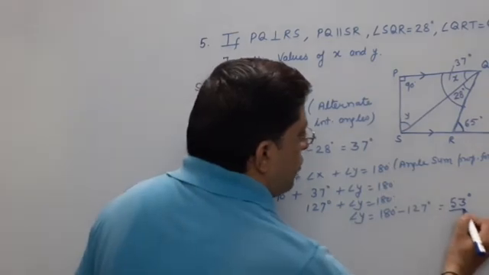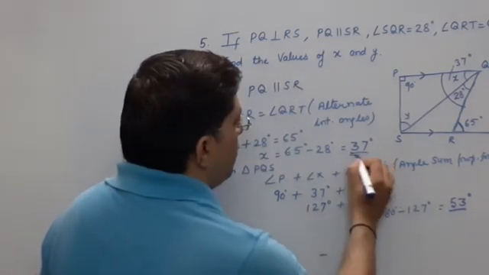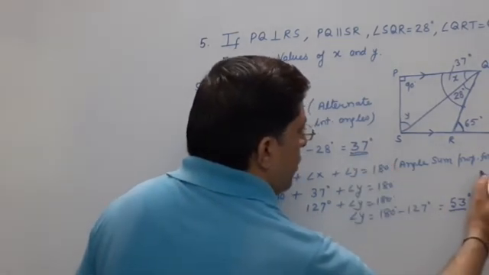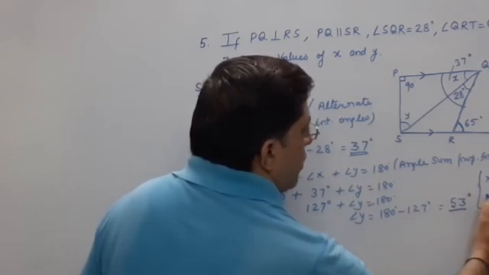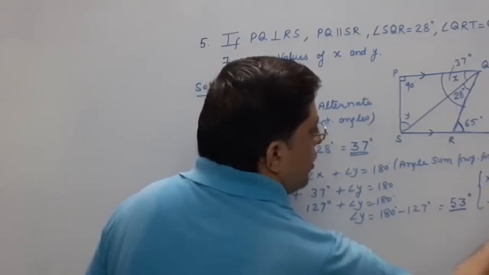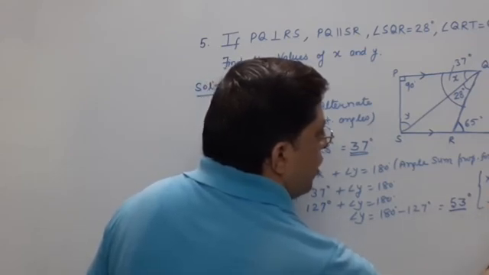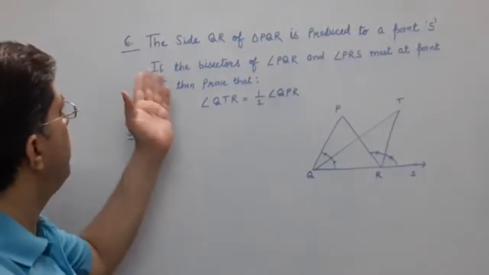So Y is 53 degrees. So I can write here X is equal to 37 degrees and Y is equal to 53 degrees. This is your answer.